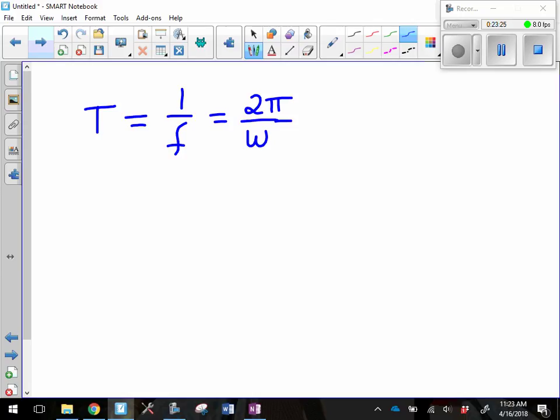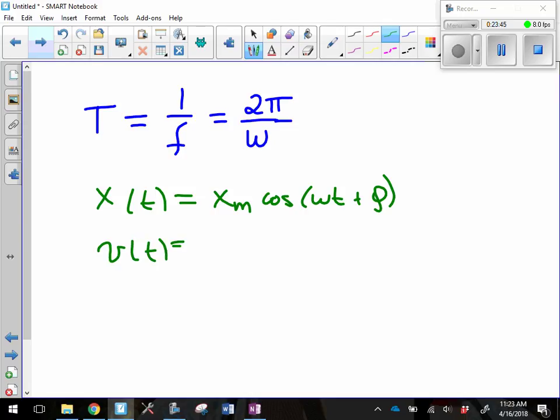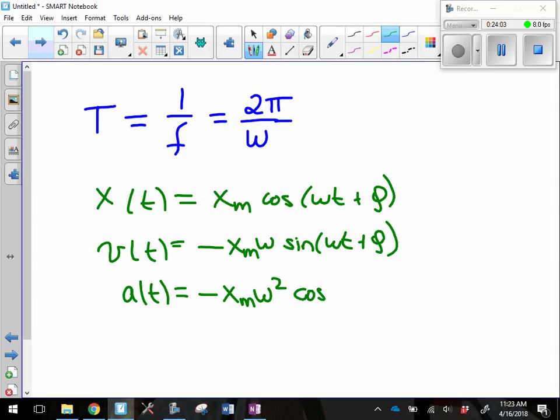Okay. So remember, if this is simple harmonic motion, then x of t is equal to xm cosine omega t plus phi. v of t is negative xm omega sine omega t plus phi. And a of t is negative xm omega squared cosine omega t plus phi, right?